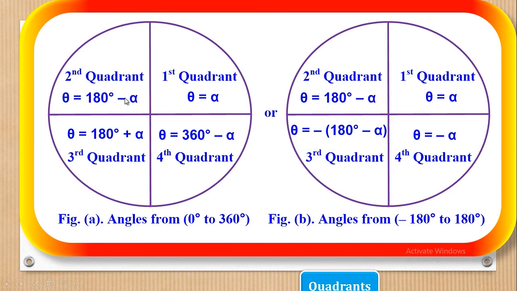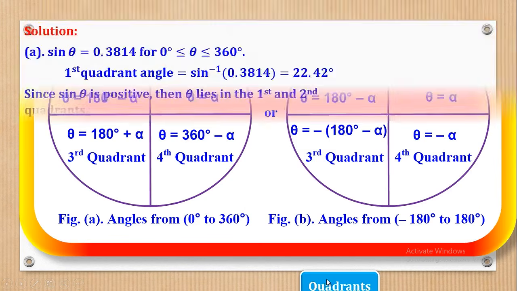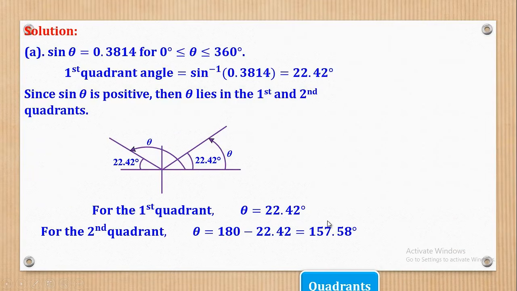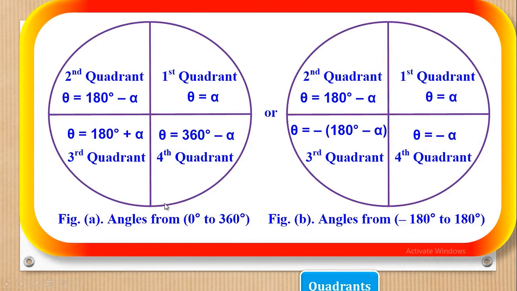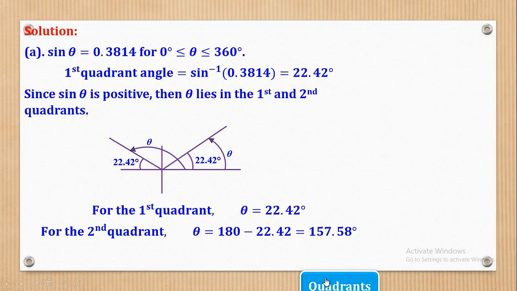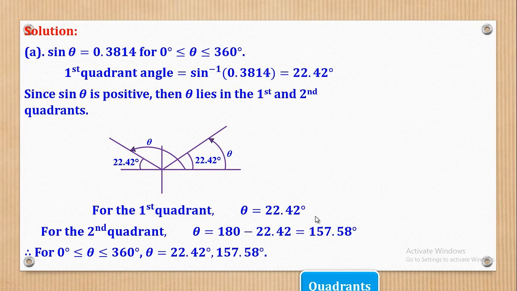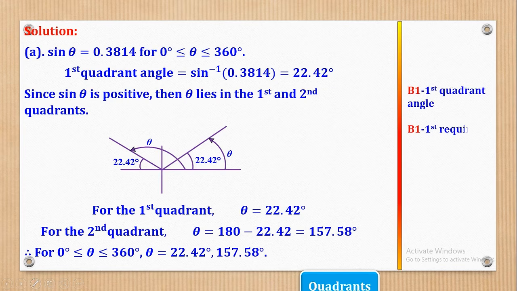So 180 minus 22.42 degrees is what gives you this angle. You can either choose to draw this, or you choose to memorize this diagram. Any of the two is okay. But since this is the first example, we shall be illustrating both approaches.